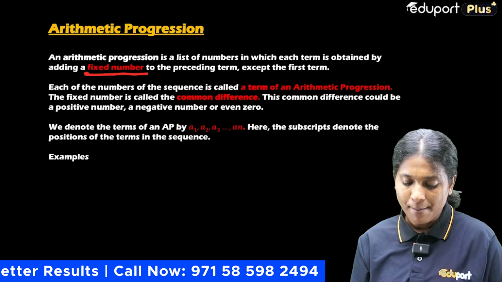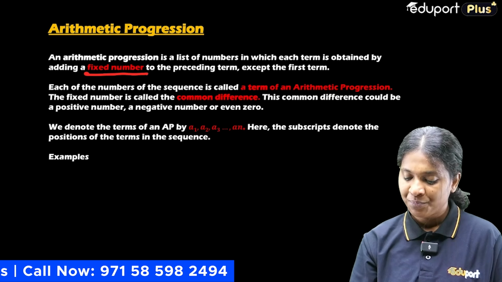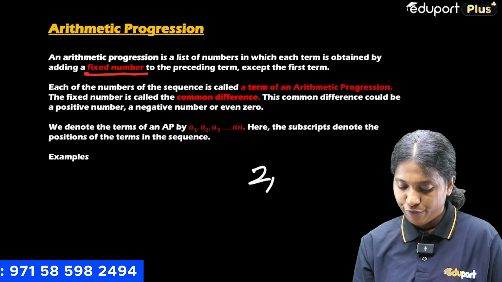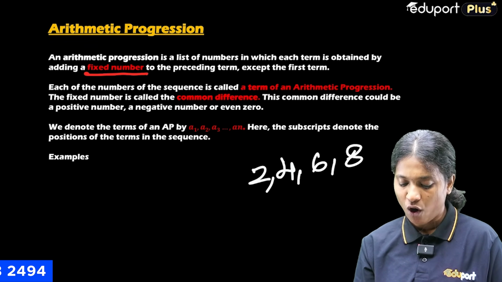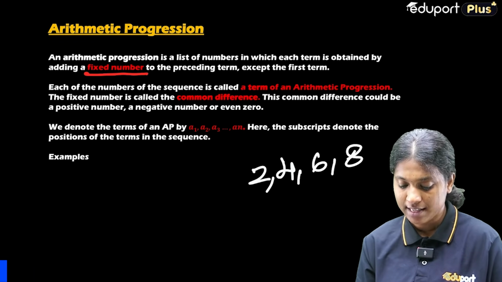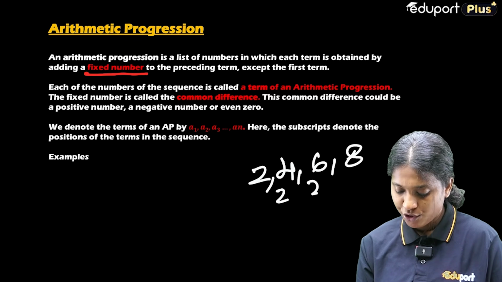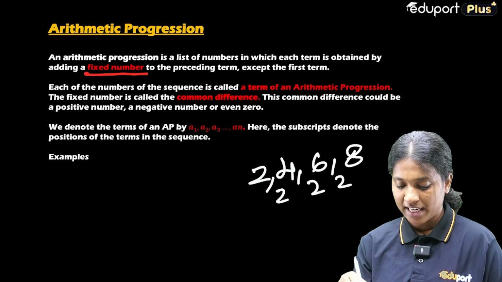And each of the numbers of the sequence is called a term. As we can see, numbers like 2, 4, 6, 8, all of these are called terms. And the common difference here is obviously 2, the fixed number that is being added.